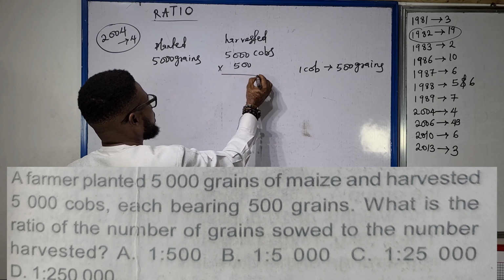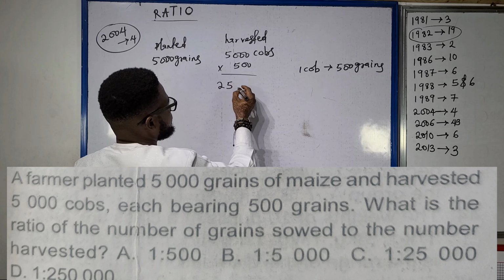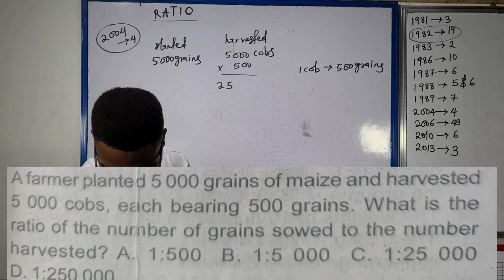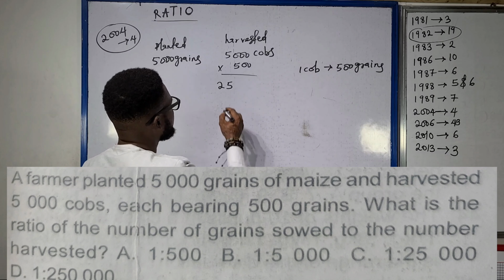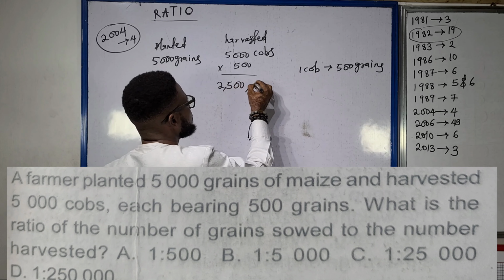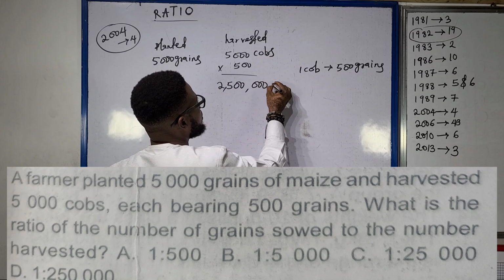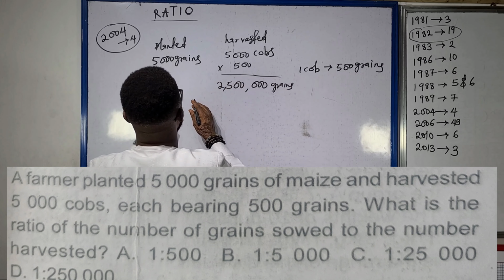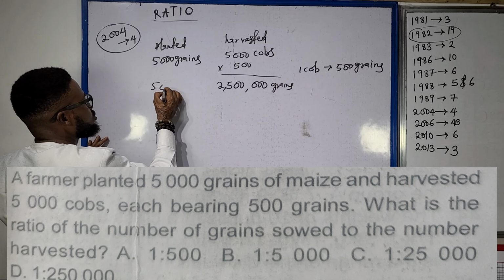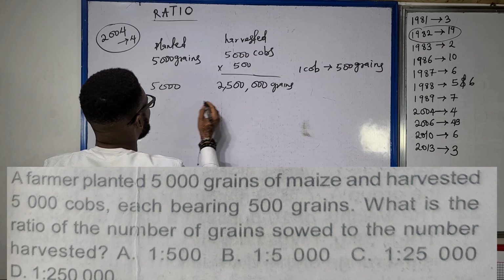5 times 5, you're looking at 25. This is 2.5 million grains. So you're looking at 5,000 to 2.5 million.